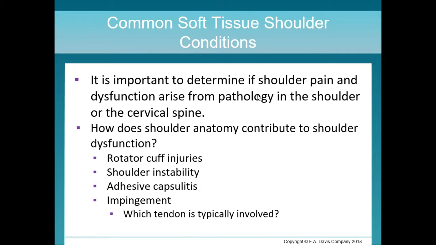So the objective of a shoulder surgery, whether it's an open surgery or an arthroscopic surgery, is to treat the shoulder instability and to tighten the glenohumeral capsule.